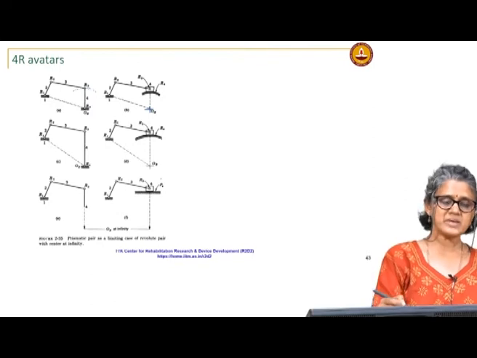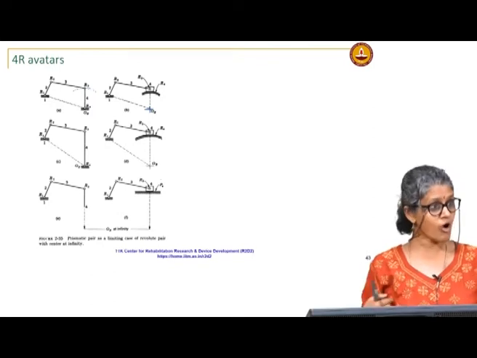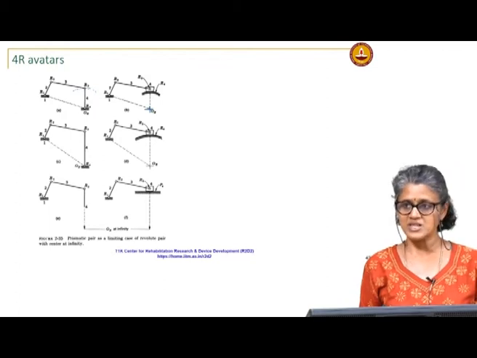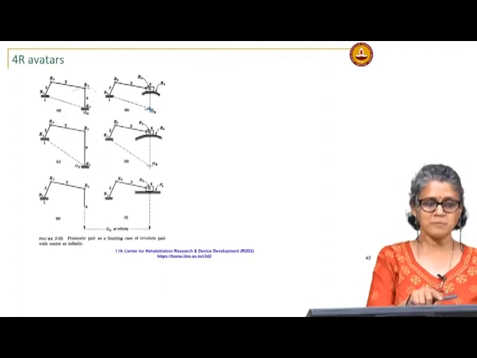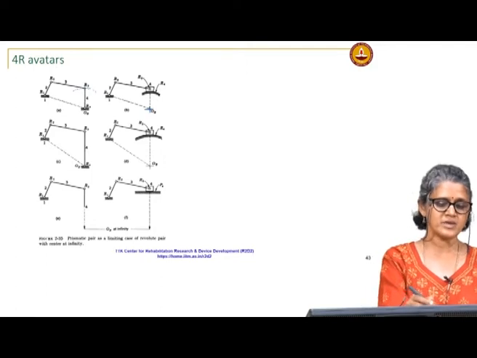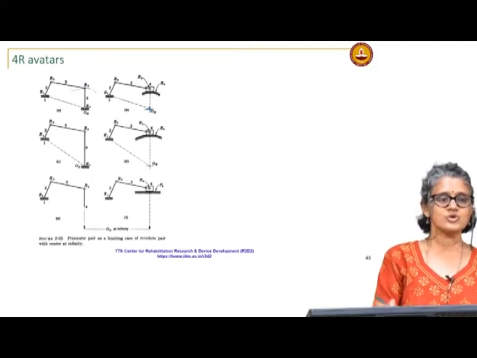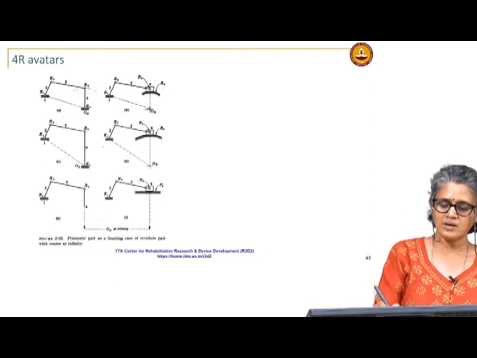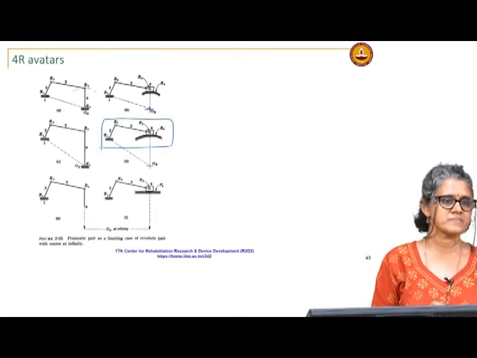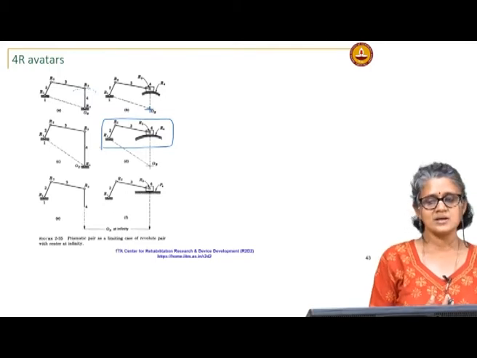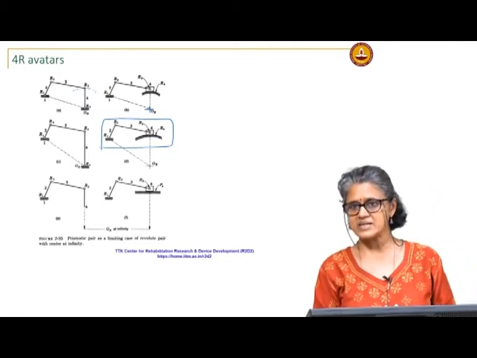But even in some cases, say I need a really large radius of curvature for the path of this point at the end of link 4, the pivoting point, I might use a form like this, because it gives me some advantages from a practical consideration.